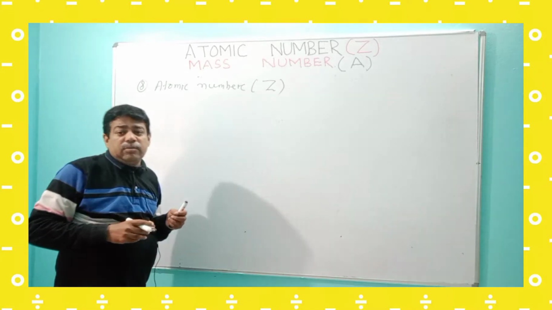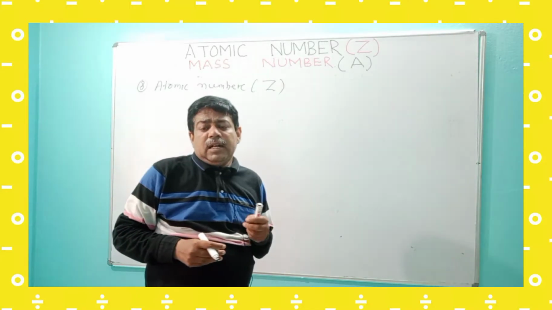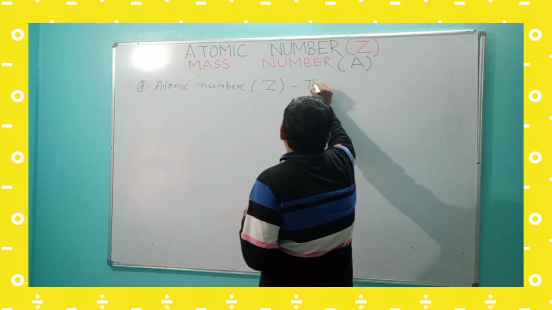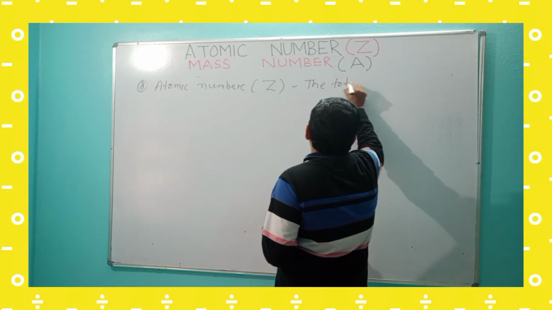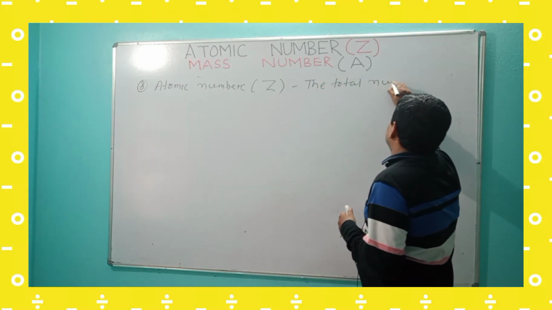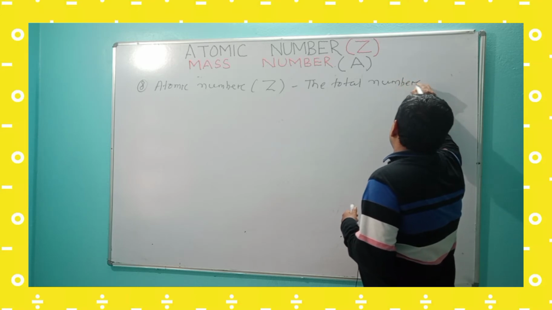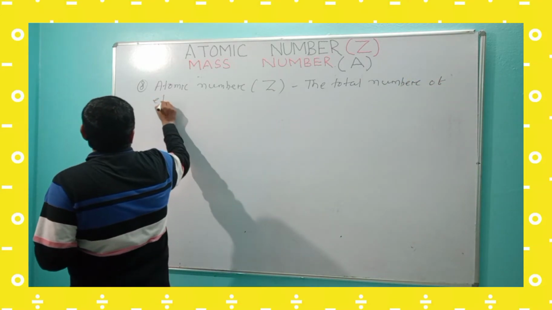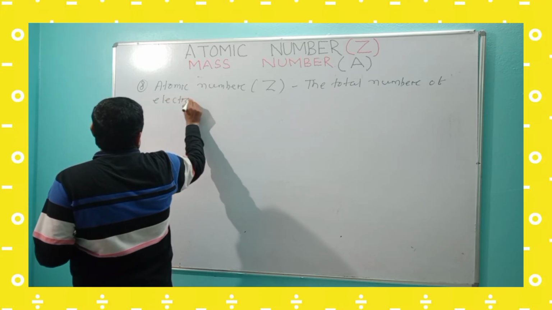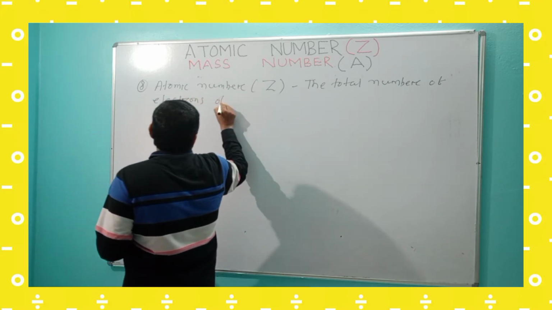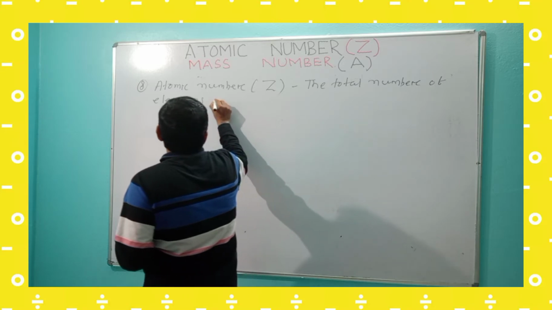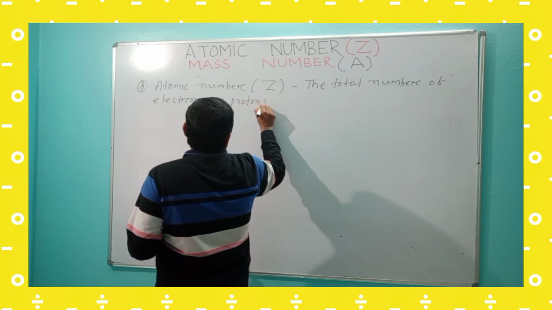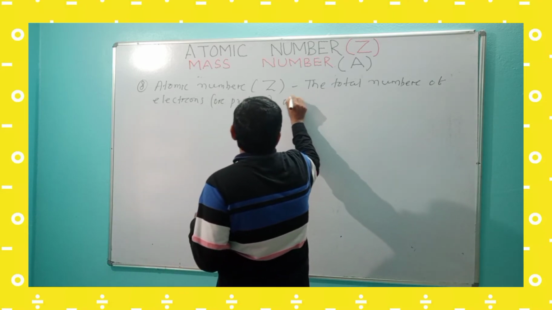So what is atomic number? The atomic number is the total number of electrons, or protons, of an atom.